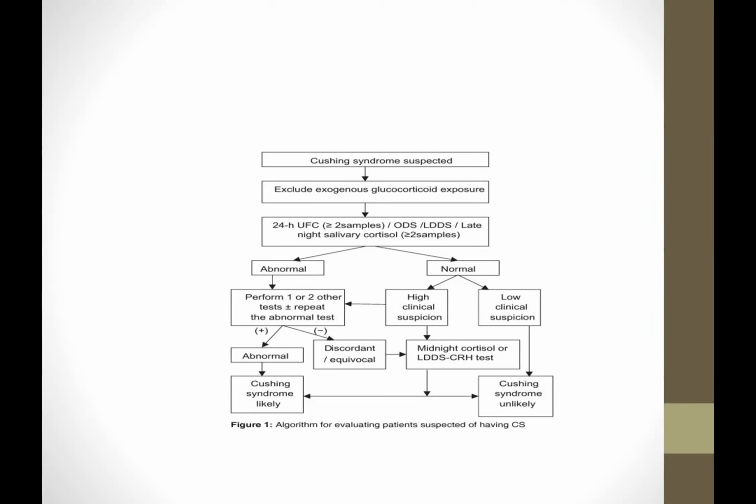So in case of adrenal disease, what will happen? Adrenal gland is secreting excess of cortisol. This excess cortisol, by a feedback inhibition, will reduce the ACTH. So the ACTH will be much lower than the normal value, that is less than 5 picograms. Then that means it's an adrenal disease. You do an adrenal MRI and find out it is a benign adenoma.